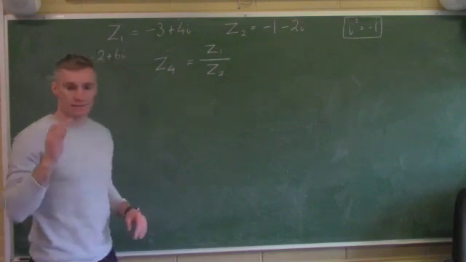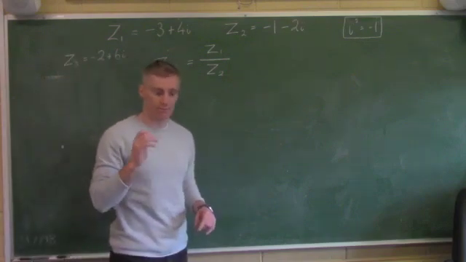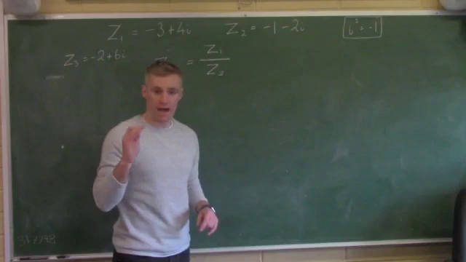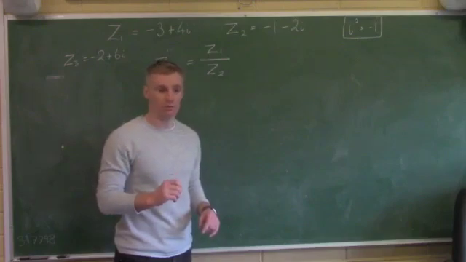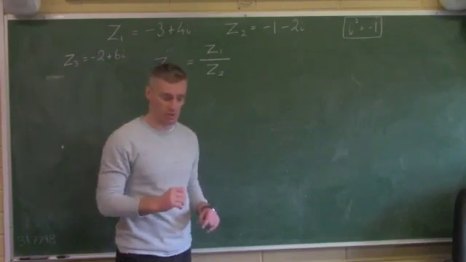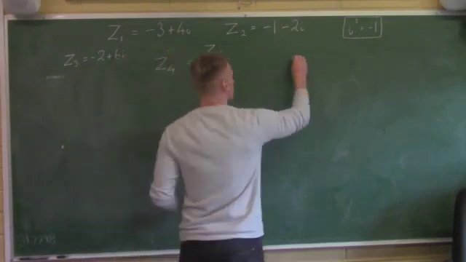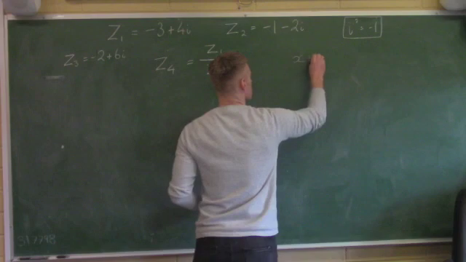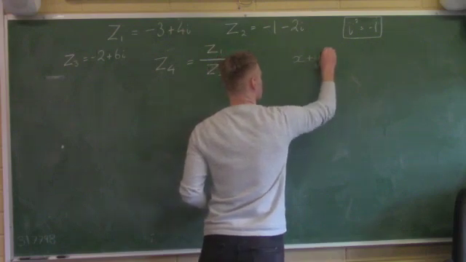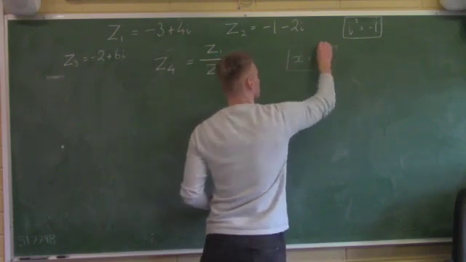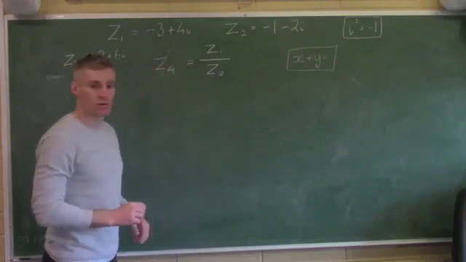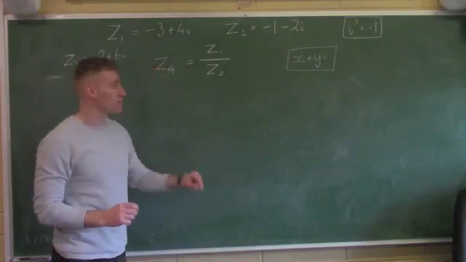This is dividing. Again, very important. It's asked regularly. Year by year you nearly see this as part C of the question. And they want it written in the form x plus yi. So that's the way they want the answer at the end.